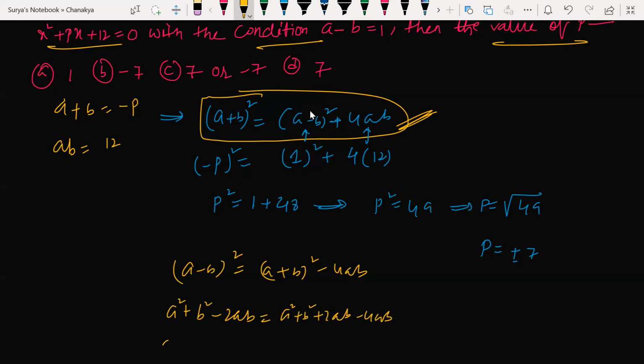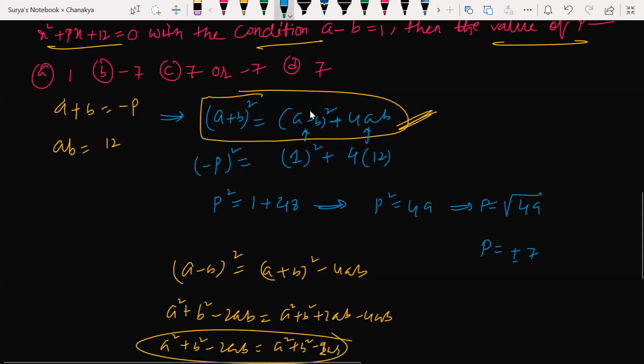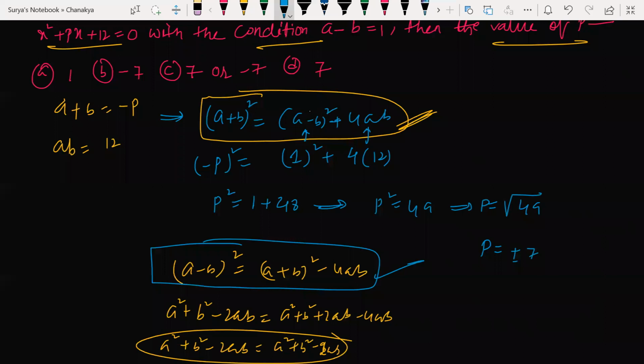Check: A square plus B square minus 2AB is equal to A square plus B square minus 2AB. Both are equal, so this formula is also correct. A minus B whole square is nothing but A plus B whole square minus 4AB, and A plus B whole square can also be written as A minus B whole square plus 4AB. Correct? Is it clear?